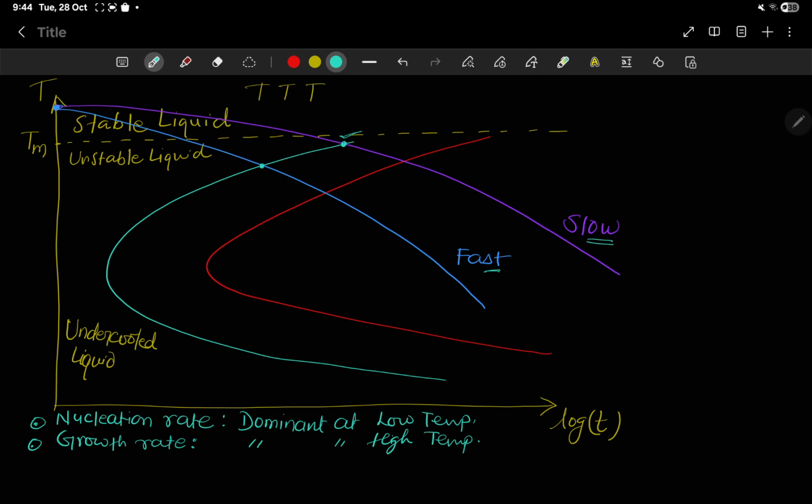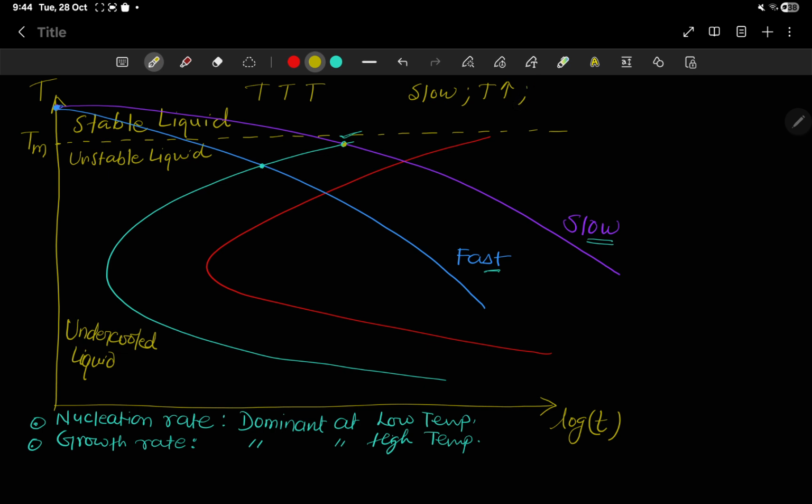So in slow cooling the transformation temperature is higher.